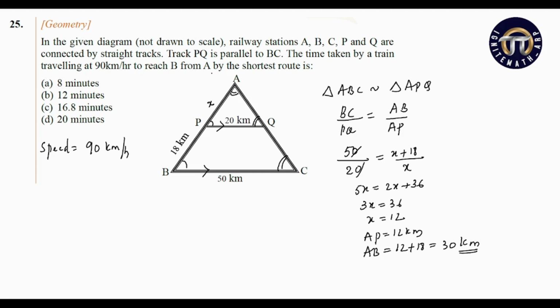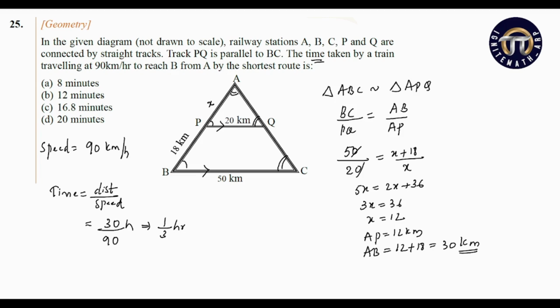Clear? So now you are asked to find the time. You know that time is equal to distance divided by speed. Distance I got to know, that is 30 kilometers, and speed is 90 kilometers per hour. So that is nothing but 1 by 3 hour.